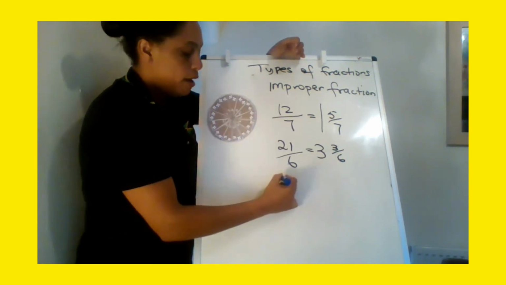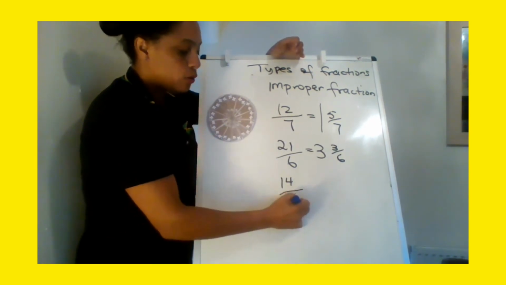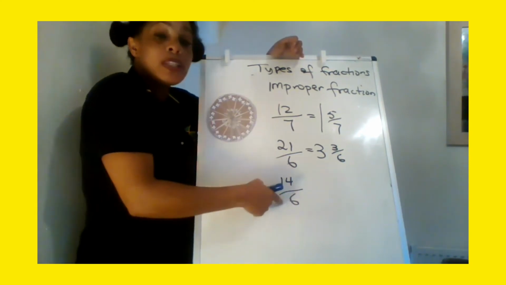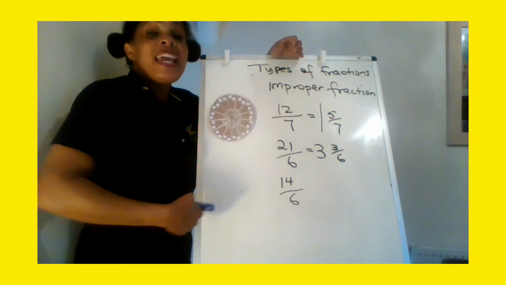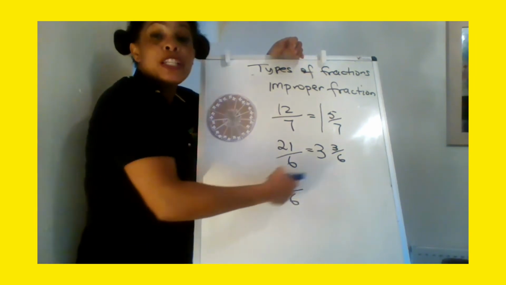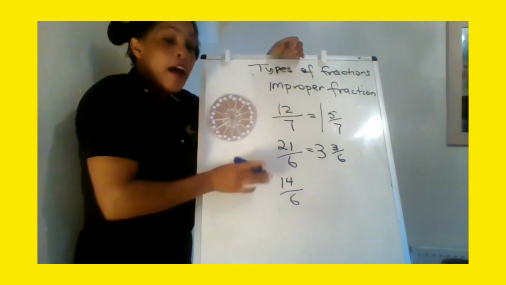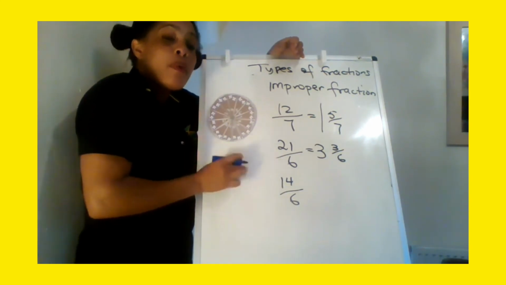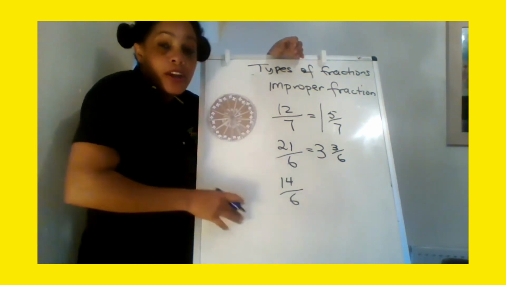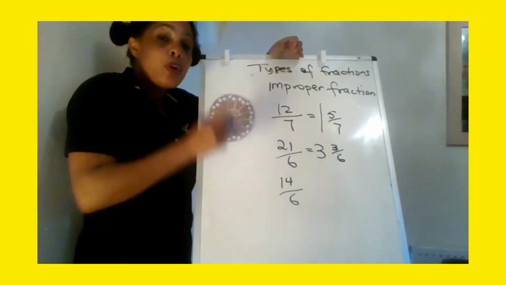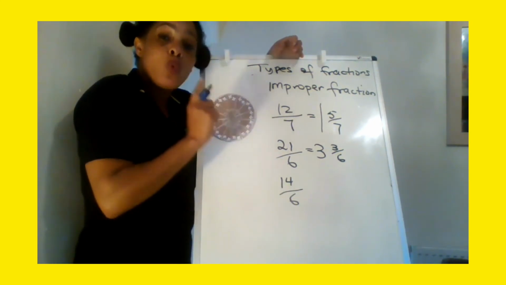Again, if I have 14 out of 6, it means that all the cakes were cut up into 6 pieces. It means at the end of the party, I had 14 pieces because there was more than 1 cake that I put on the tray. If I was going to put this back together into whole cakes, remember that 6 pieces made 1 cake.